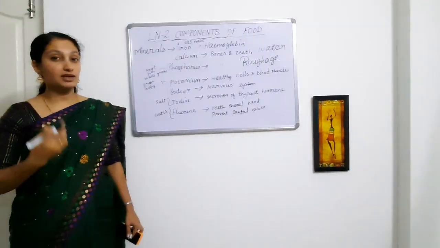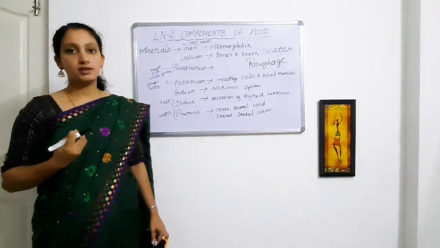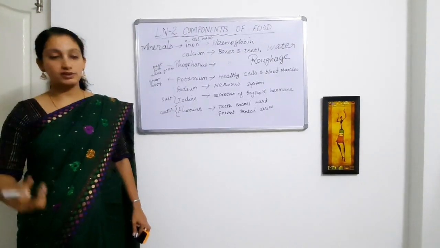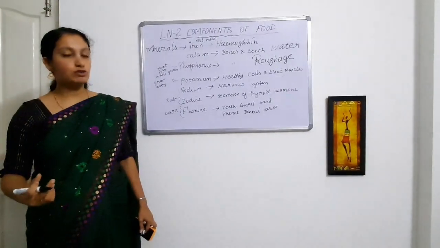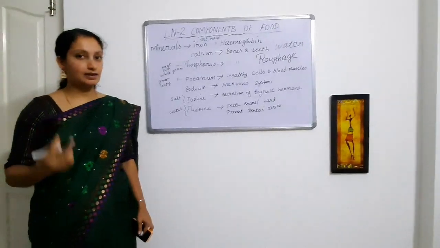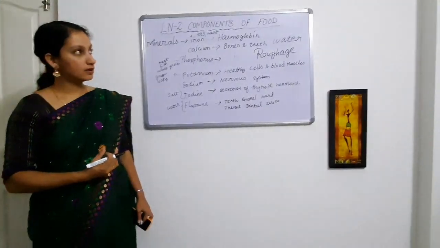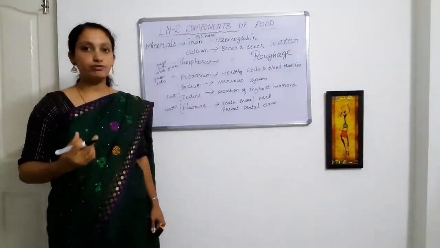So all these things are related with water. So we have to drink enough water. By this we are going to conclude this lesson with all the components of food.